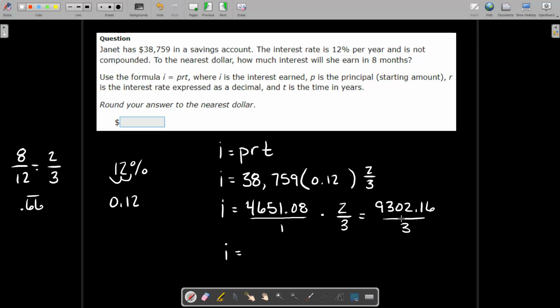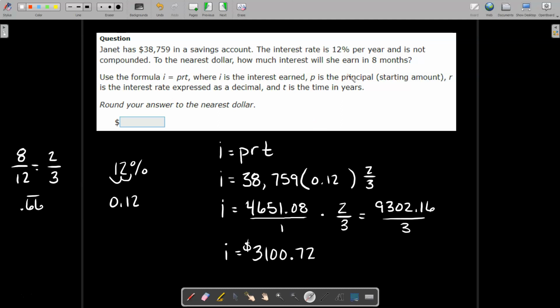In order to simplify this, right, every fraction is a division problem. So I can divide the numerator by the denominator to get the quotient of the 2. So I've already got 9302.16 in my calculator, so I'm going to hit divided by 3, and that's going to give me $3,100.72.